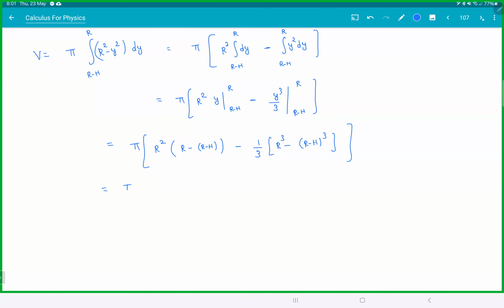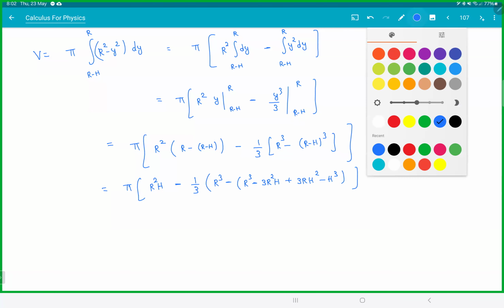Expand this. So this would be pi. That is, r will cancel. You end up with r square h minus 1 by 3. This would be r cube. Everyone knows a minus b whole cube expansion. So that would be r cube minus 3r square h plus 3r h square minus h cube.